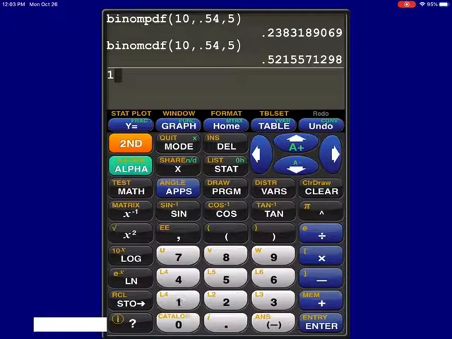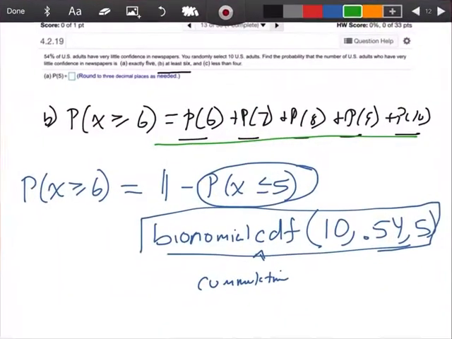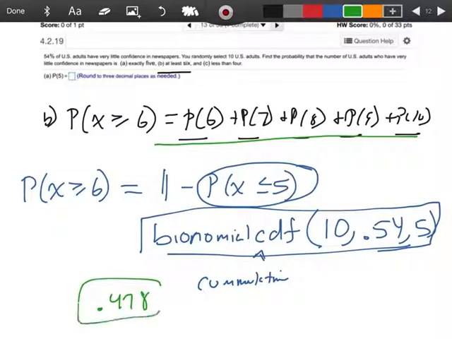Now I need to do 1 minus my answer. 1 minus my answer, second, the little negative, because right here at the bottom there's that answer button. I'm coming up with 0.478. So for part B, my answer is going to be 0.478. Remember, we already did the 1 minus it, and that's what this part here would be.